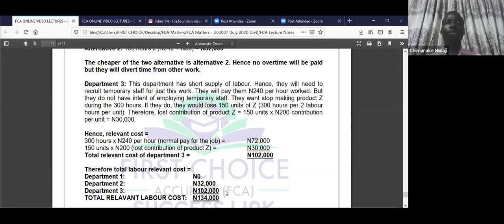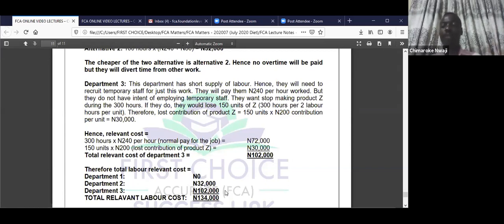Let's say, due to relevant costs, you find out that you're going to spend 5,000 naira as relevant costs. Now, there's a difference between relevant costs and total costs. Total cost includes fixed costs, both relevant and irrelevant. But for relevant costs, you've picked those items that are relevant.